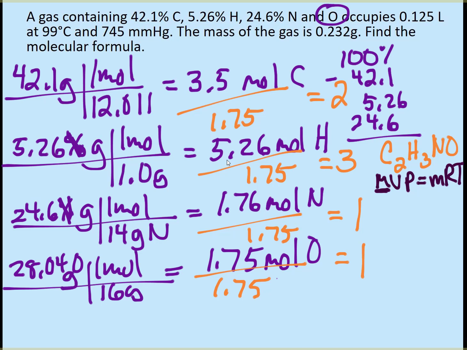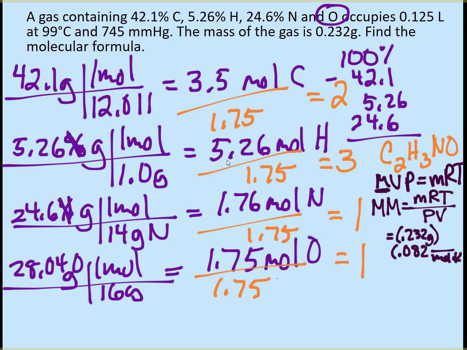And we are going to rearrange that to solve for just the molecular mass. So I'm going to divide through by my pressure and volume. And then I can plug in the mass that they give us. So the mass is 0.232 grams. And I have my R, and darn it, I don't have enough room.